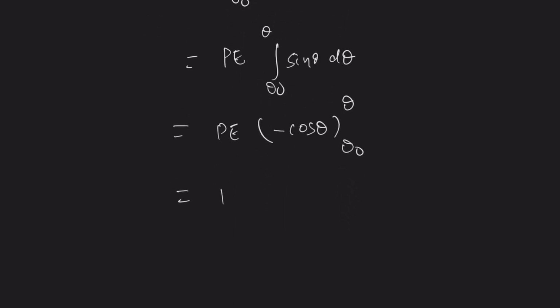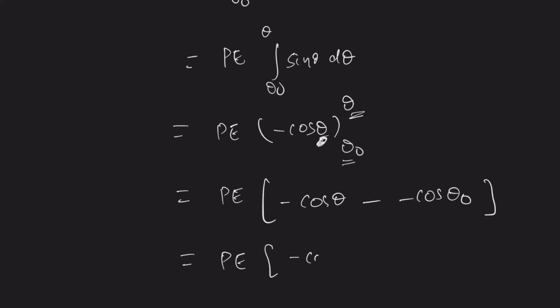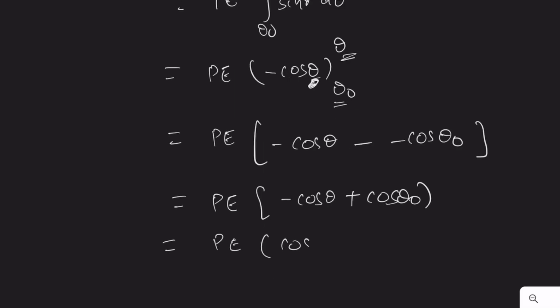Next, Pe, first substitute final value in place of theta, that is minus cos theta, minus substitute theta naught in place of theta, so minus cos theta naught. So we get here Pe, minus cos theta minus of minus, plus cos theta naught. So that is equal to Pe, cos theta naught minus cos theta.